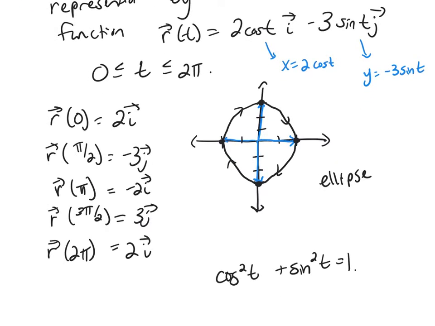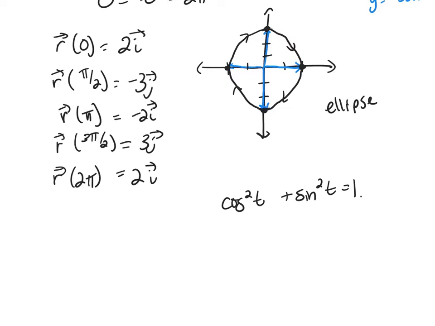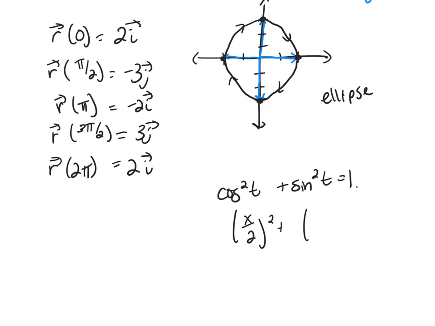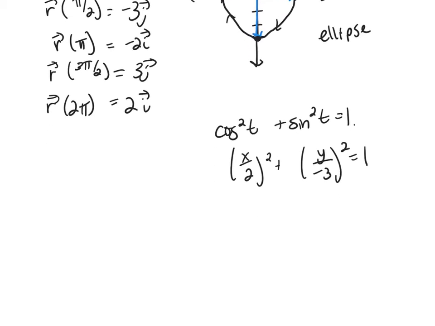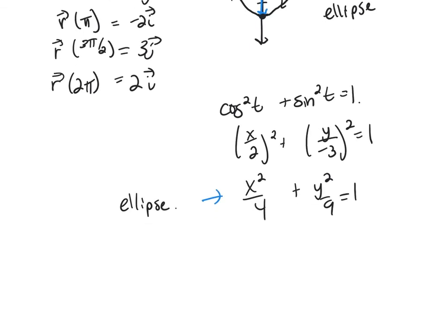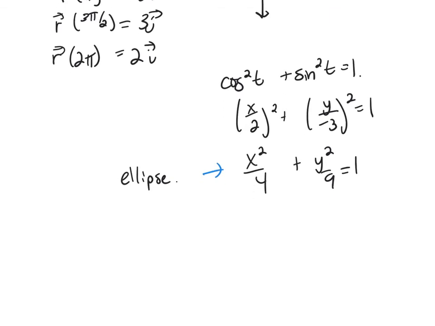So if you solve for cosine, it's x over 2, and sine would be y over negative 3. So I'm getting x squared over 4 plus y squared over 9 equals 1. Sure enough, this is what we drew. It was the equation of an ellipse. So that's how I knew to fill in the picture that I had on my graph.